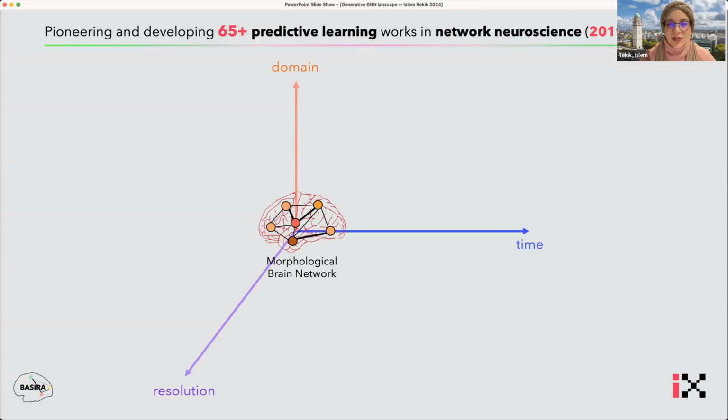Basically, in this three-dimensional space, given a single observation of your brain at a particular time point, we are able to span the full space: to predict your brain after years, months, to predict different representations of your brain graph across different domains, and to predict high resolutions of your brain graph across different scales.